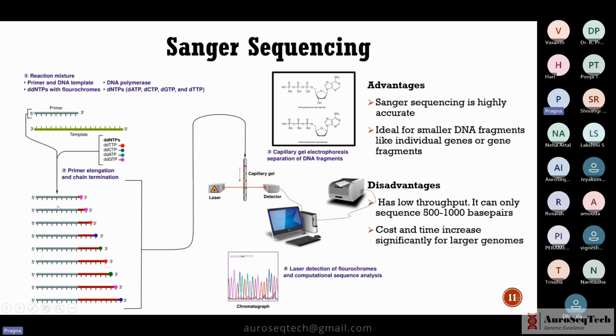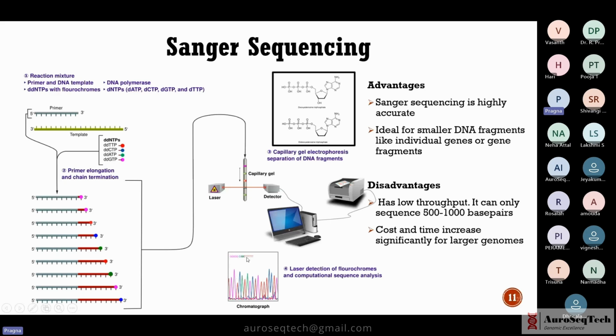The shorter fragments run faster, and the longer fragments run slowly. The laser detects the fluorochrome attached to the ddNTP and gives us a peak. This is how we end up having a sequence in the form of a chromatogram.